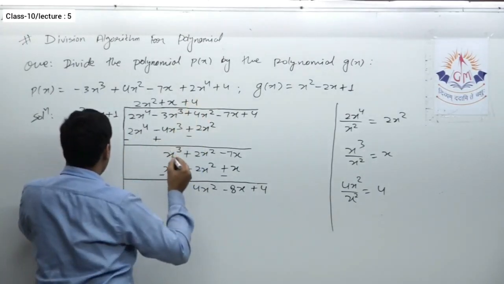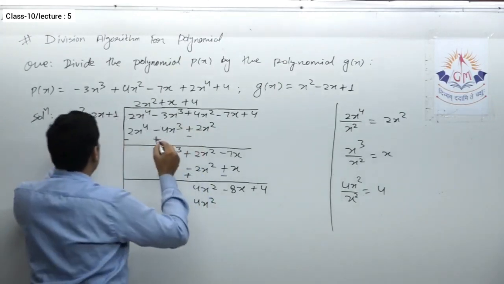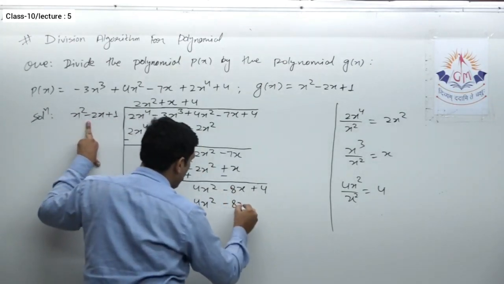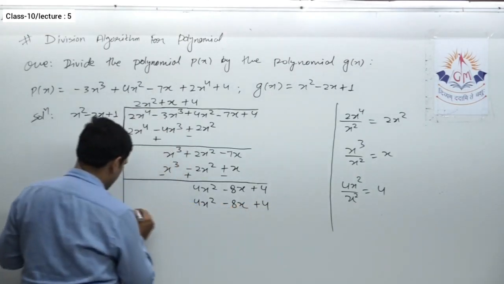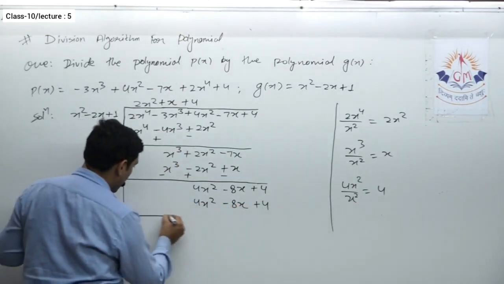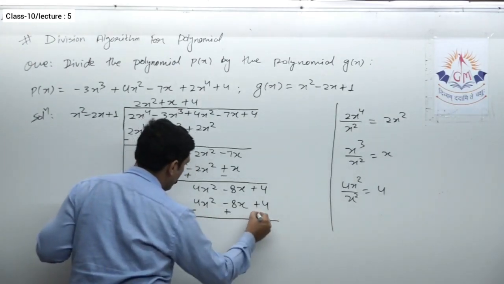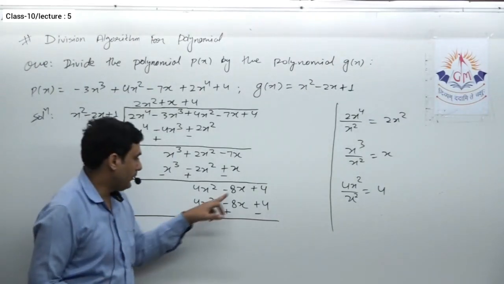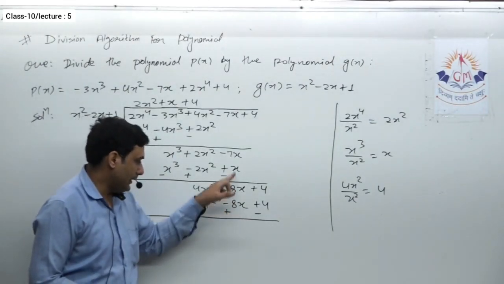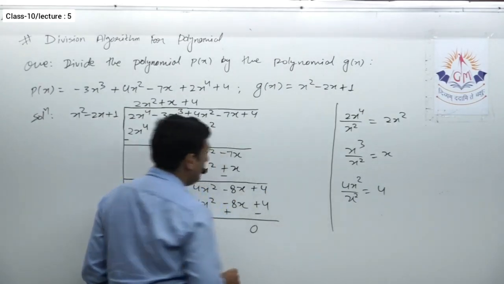Now 4 into x square, that is 4x square, 4 into minus 2x, that is minus 8x, 4 into 1, that is plus 4. Now again I do the same thing, I will subtract. This minus, this plus, this minus. So this will cancel out because 4x square minus 4x square. Here minus 8x plus 8x cancel out, plus 4 minus 4. So ultimately here I will get 0.